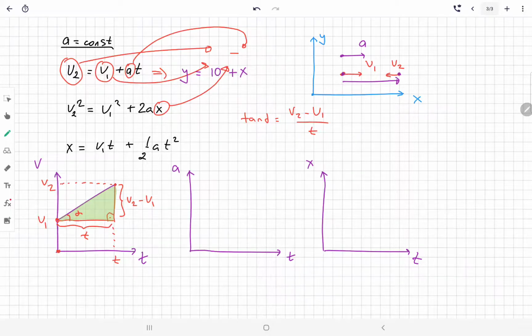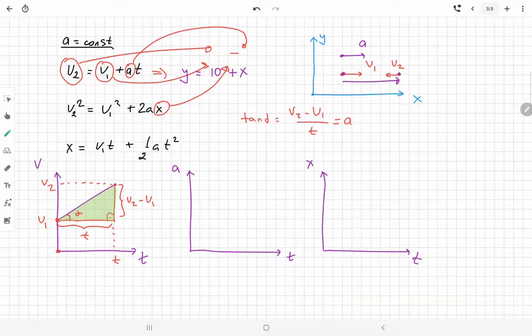Now let's try to describe it in terms of physics. What is the physical meaning of this tangent alpha? If we pay attention to the first equation, v2 minus v1 over time is equal to acceleration. So the physical meaning of this tangent alpha is acceleration.